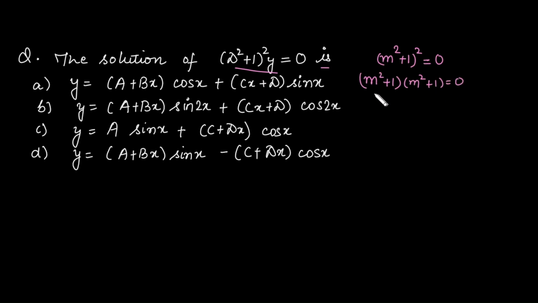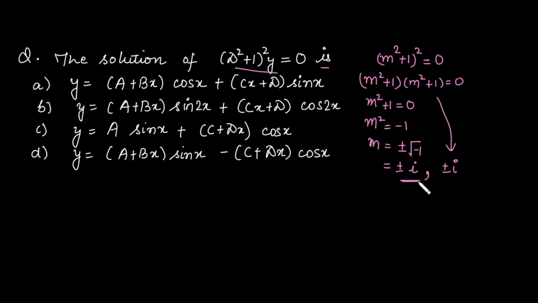Previously we have already evaluated this form. So we can write m square plus 1 is equal to 0 when m square is equal to minus 1, and the values of m is plus minus under root minus 1. This is equal to plus minus iota. And same from here we are getting plus minus iota. This is the order 4 differential equation. Obviously there are 4 roots and there will be 4 constants.